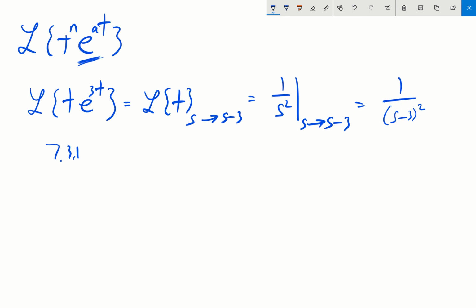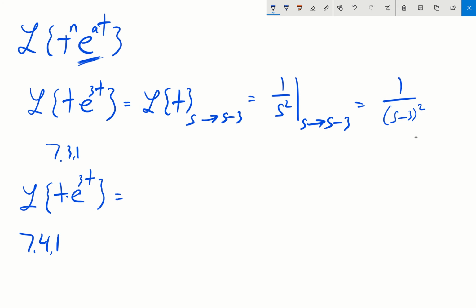What if we were to get the same result, but using our brand new theorem? So let's find the same Laplace transform of t e to the 3t, but using our brand new theorem. According to what we just said a moment ago, t times e to the 3t is playing the role of f of t.